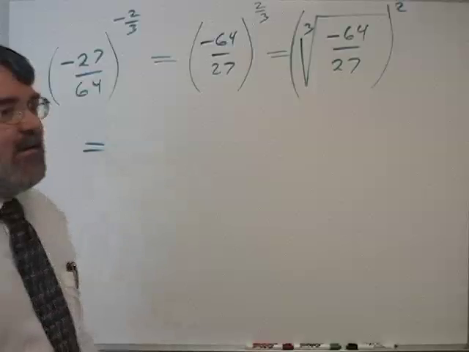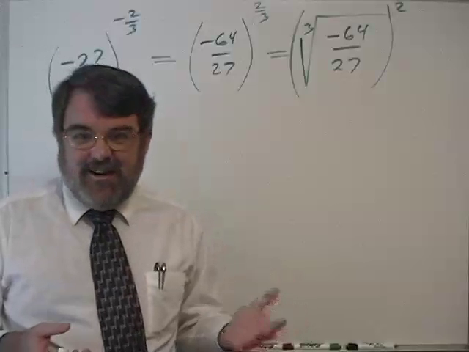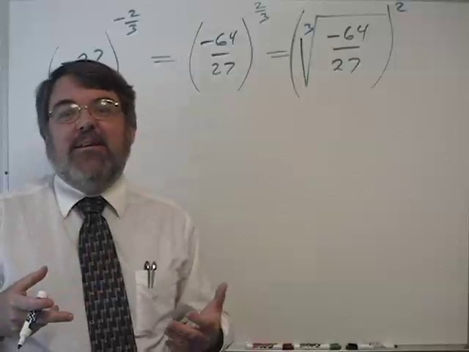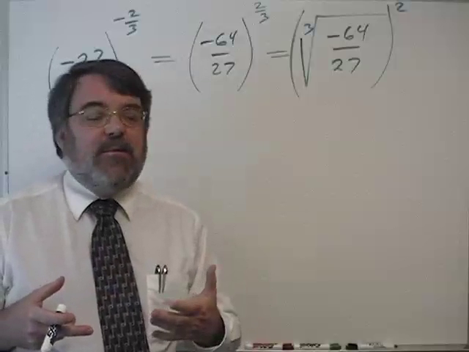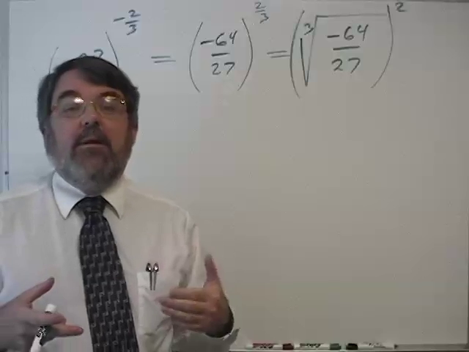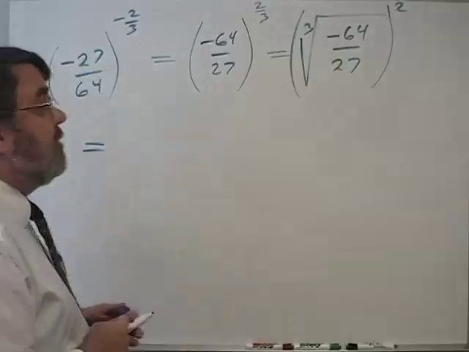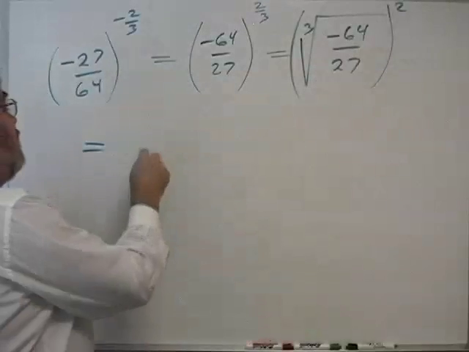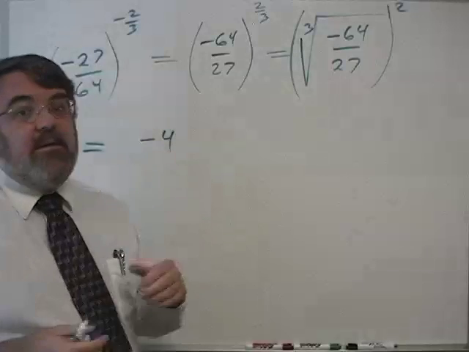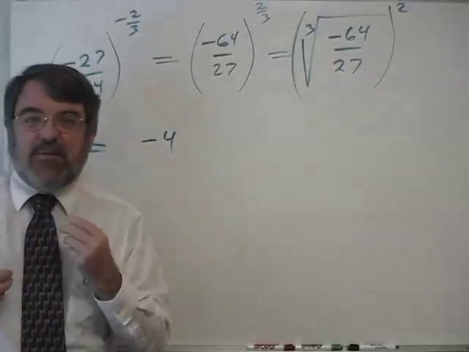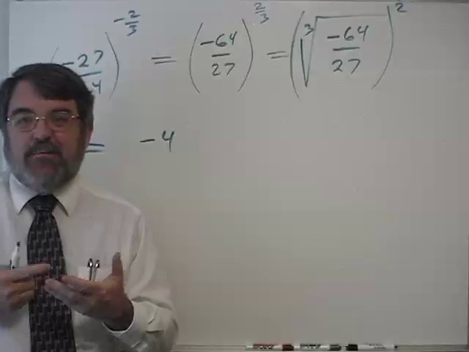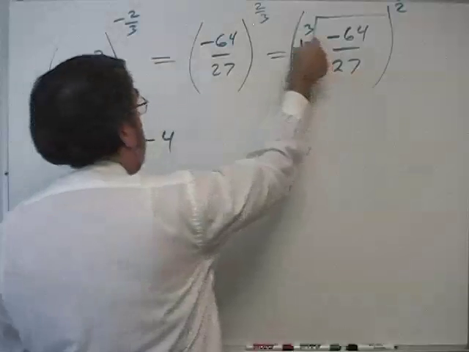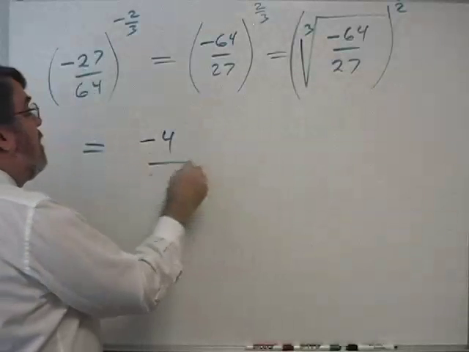Recall that the cube root of a negative is a negative, because a negative raised to an odd power is a negative. So what would it be? The cube root of negative 64 is negative 4. Again, that's because negative 4 times negative 4 times negative 4 is negative 64. Cube root of 27 is 3.